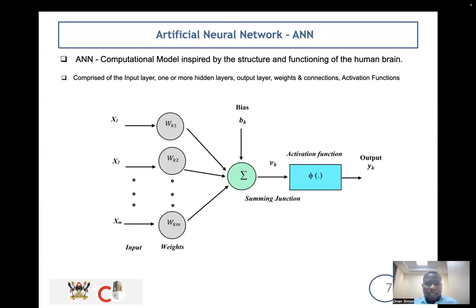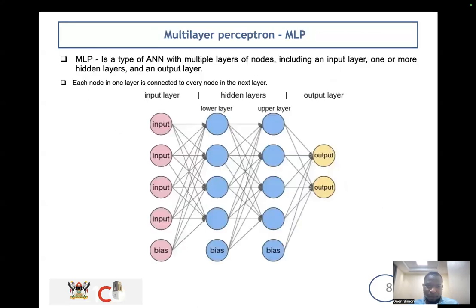The way this operates is that inputs are fed in, for example wind speed, humidity, or temperature. The weights and connections are sent into the summing junction, which includes the bias, some sort of correction, before moving on to the activation function that combines all the inputs into a single output.